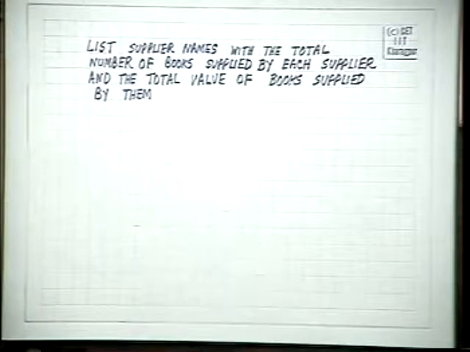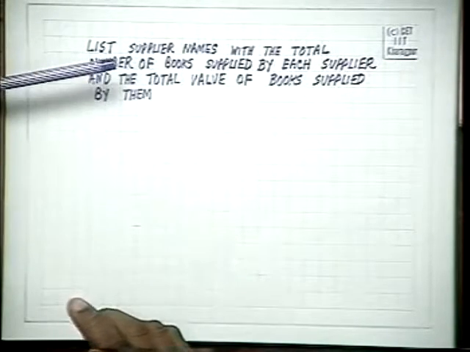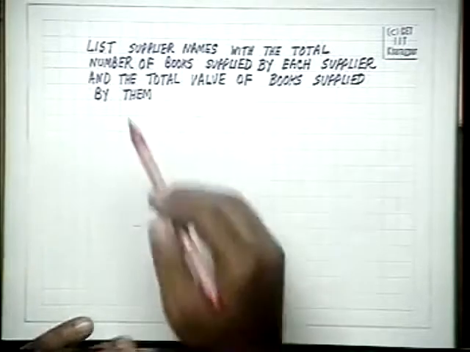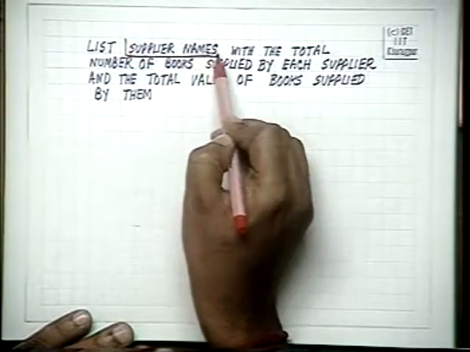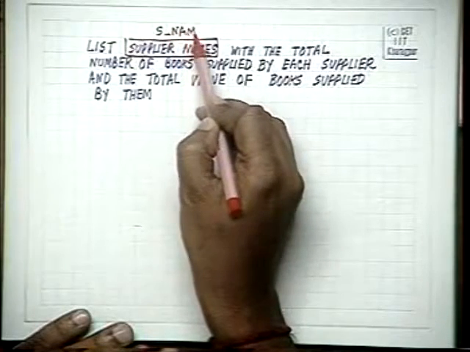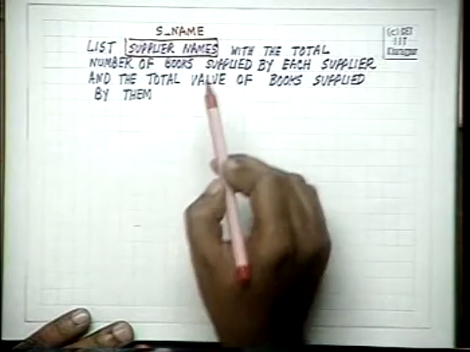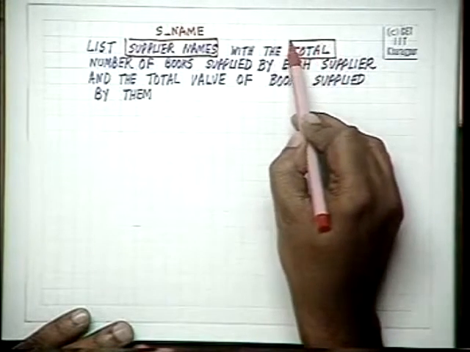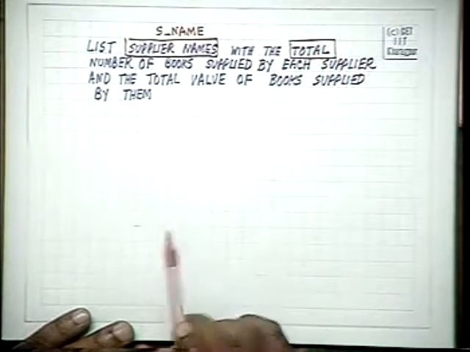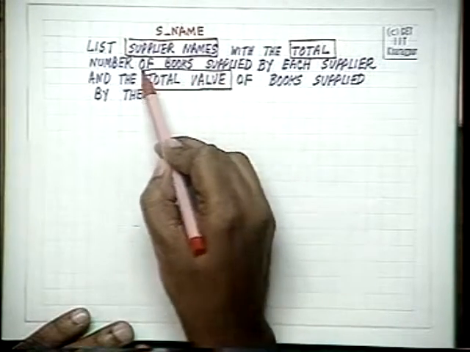We have to list out the names of the supplier, which is S name, with the total number of books supplied by them. So the count function is there, and the total value from the price, we will be able to get by sum.